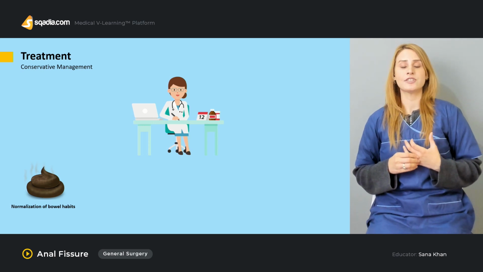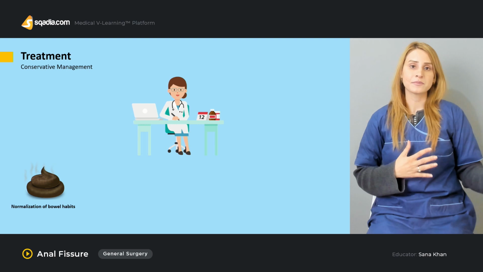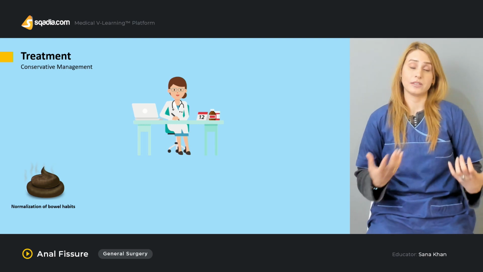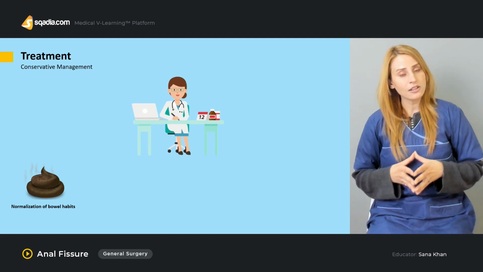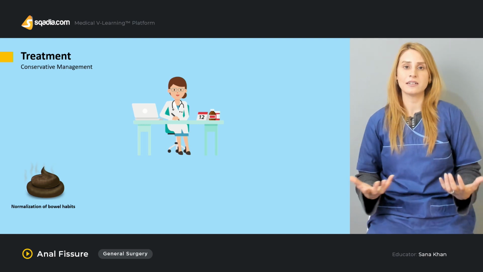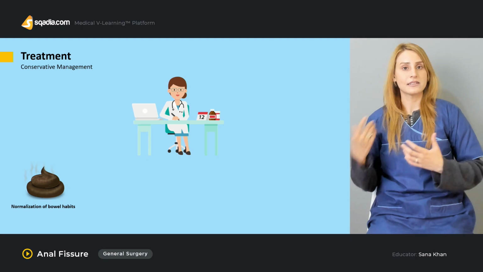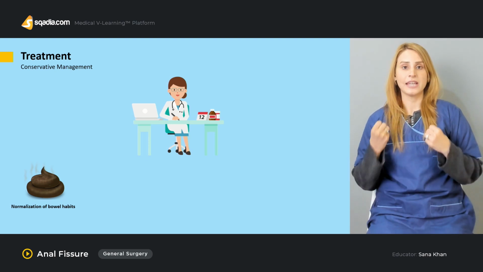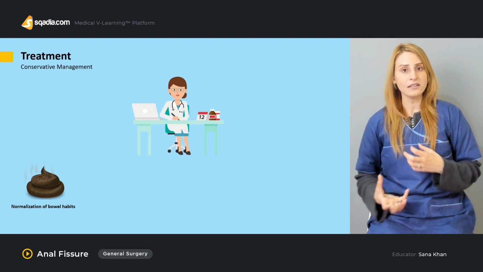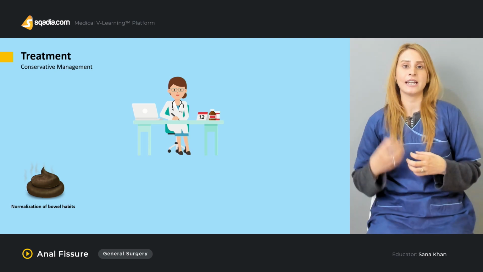And then you have to add some laxatives as well, like lactulose, which is normally used. It comes in a lot of formulations. These increase the gut motility, and they are laxatives.